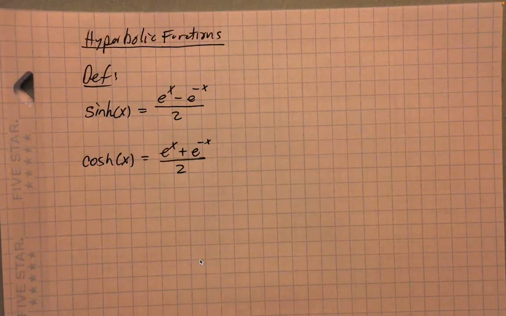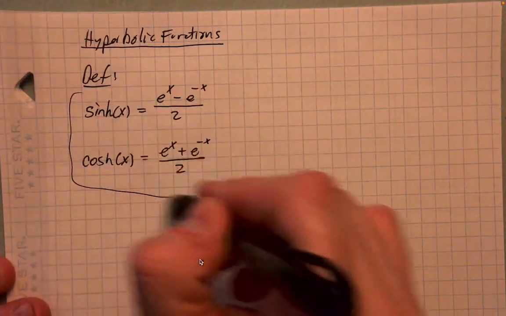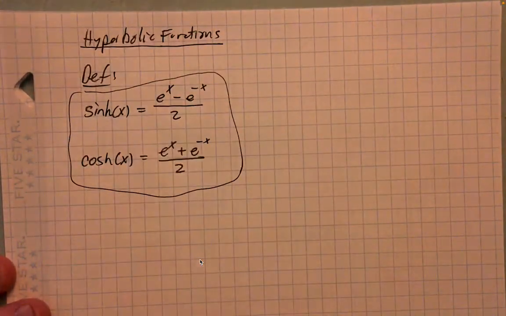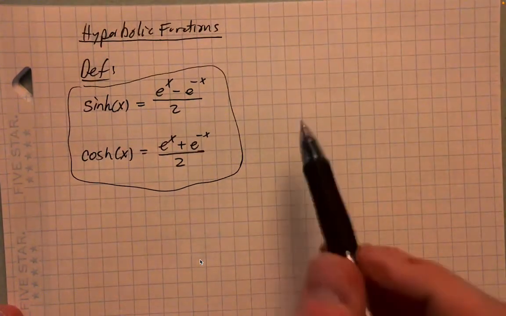All of the other variations of the hyperbolic functions are derived from these two. These are the two fundamental ones, kind of like with trig functions in general, so then you would be able to define the others based on this.